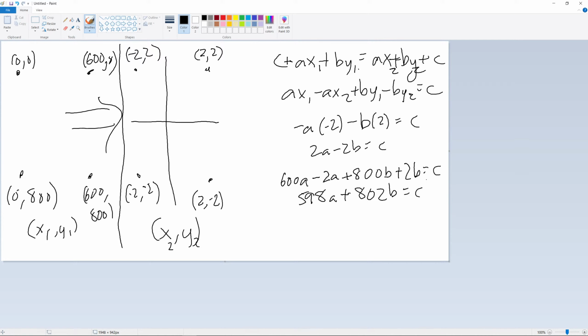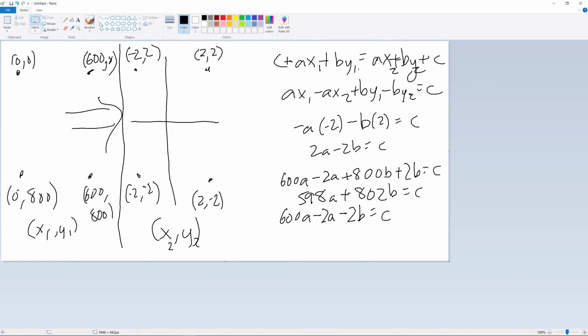Let's do 600. 600A minus 2A and then plus 0 times B minus 2B equals C. Okay, so we have 3 unknowns and 3 equations.